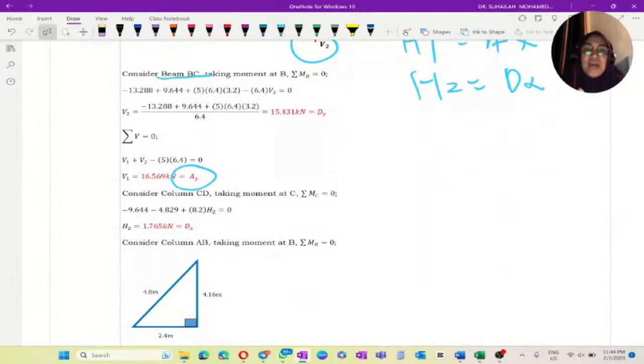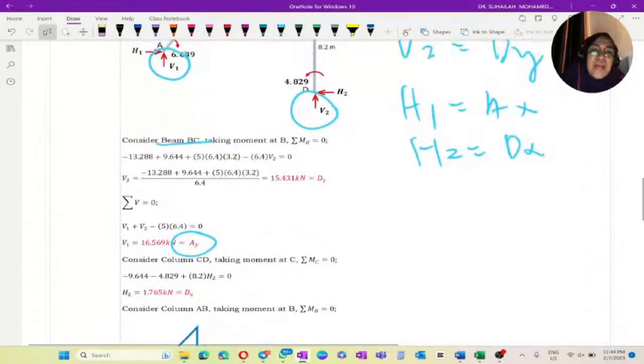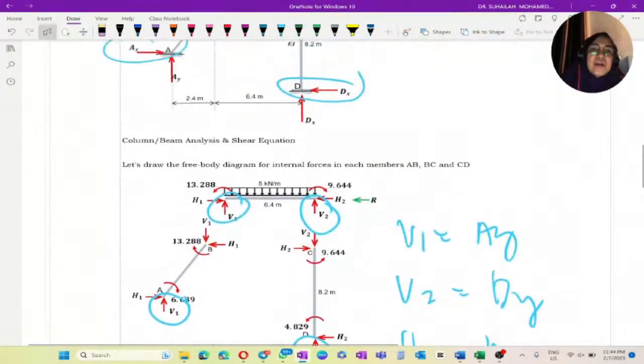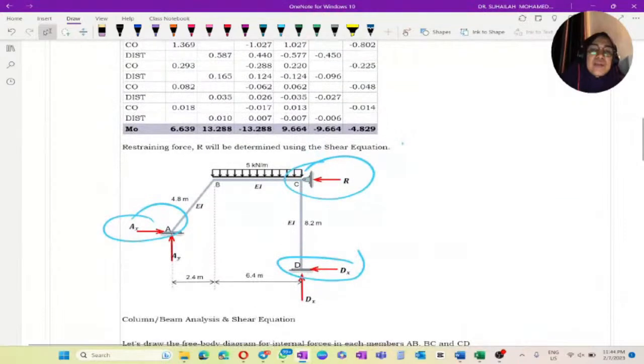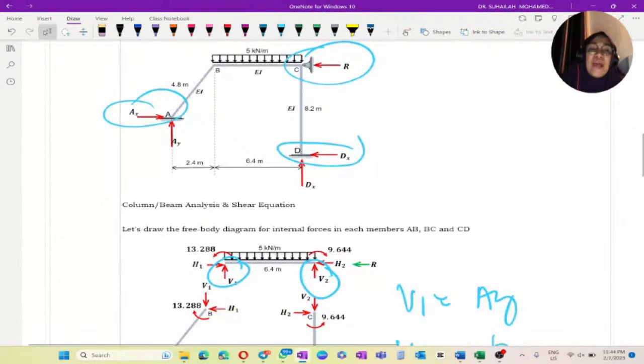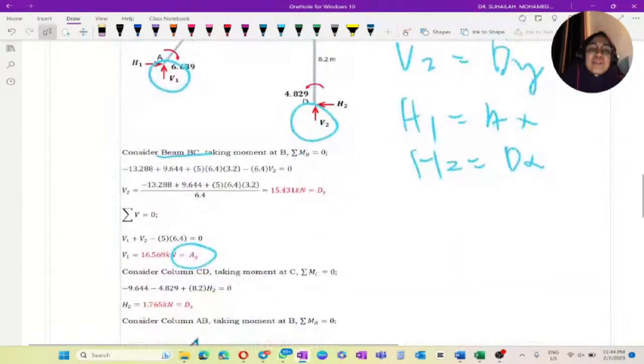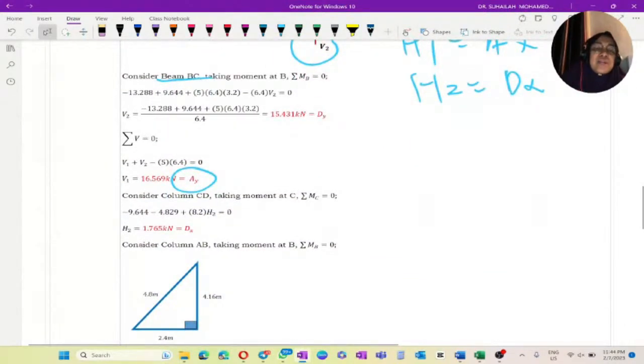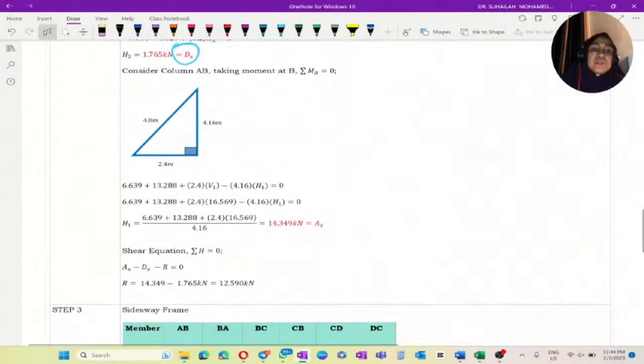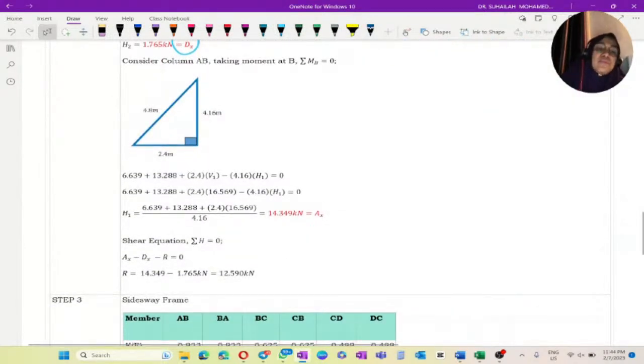Shear equation is R. So from the shear equation we need to have AX and DX. So we calculate AX and DX using static equilibrium, then we get the value. And then we substitute into the shear equation, and then we get R is equal to 12.59.